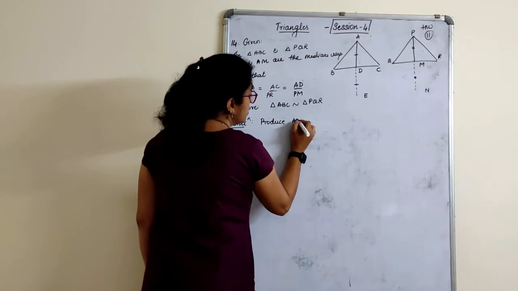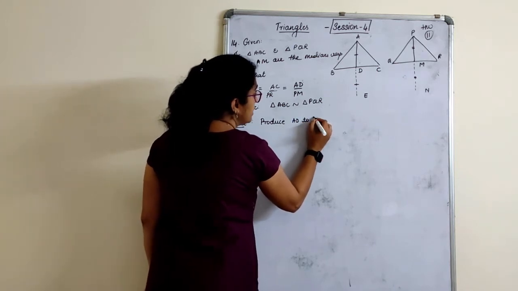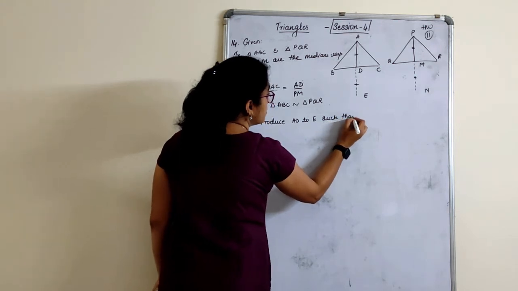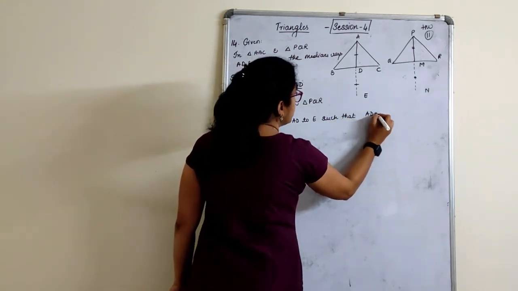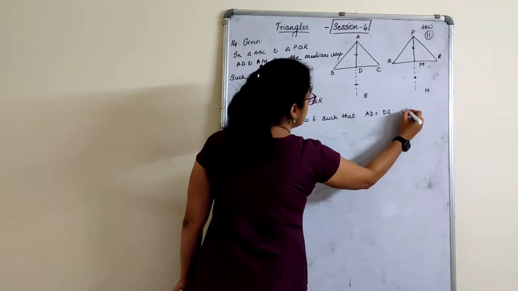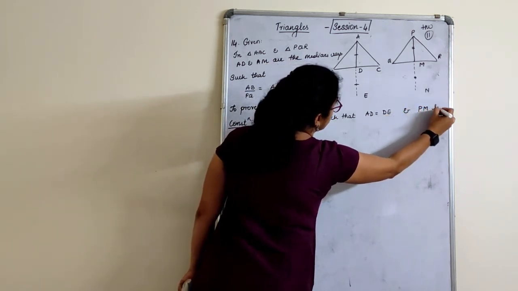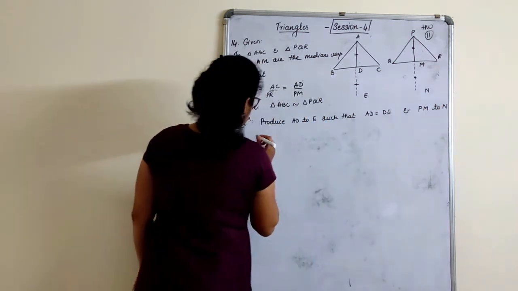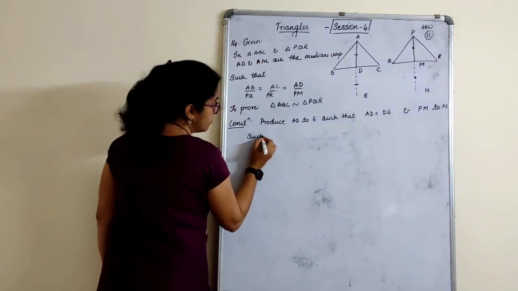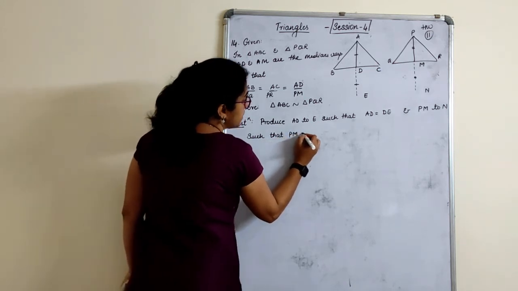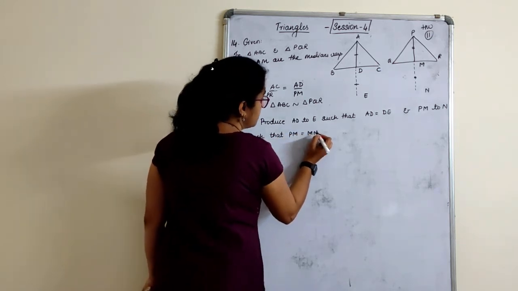Produce AD to E such that AD is equal to DE and PM to N such that PM is equal to MN.